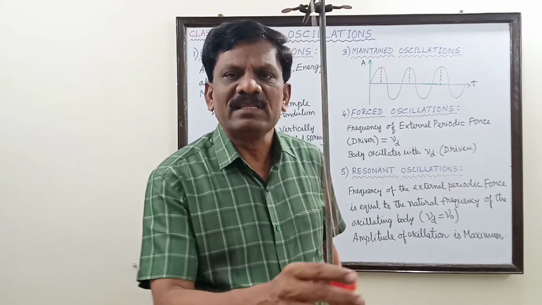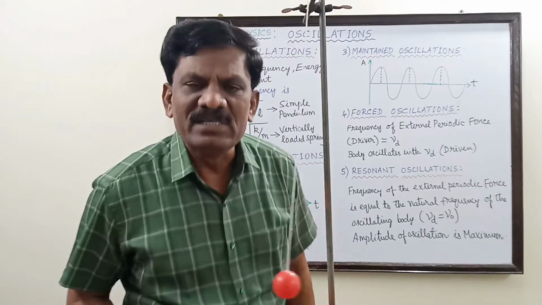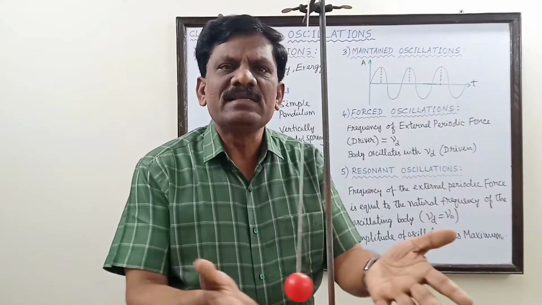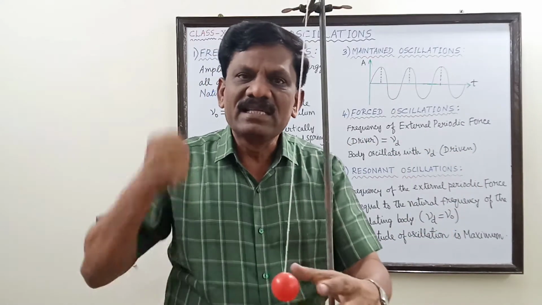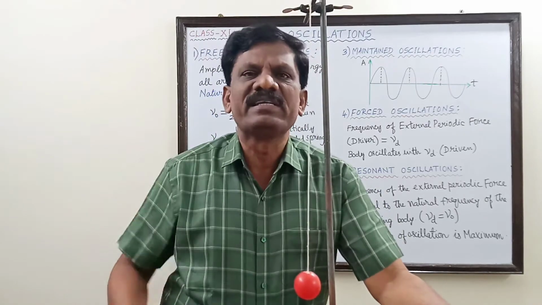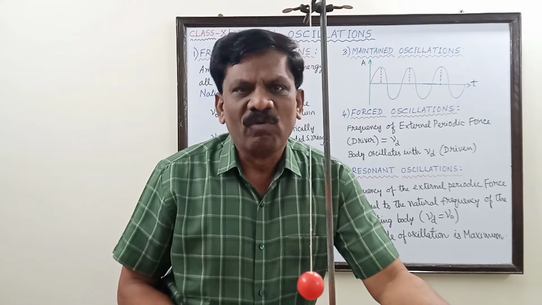What is the reason for this? What is the reason why it should reduce its amplitude? This is because the medium surrounding this pendulum is exerting some opposing force. That opposing force exerted by the medium surrounding the oscillating body is called damping force.